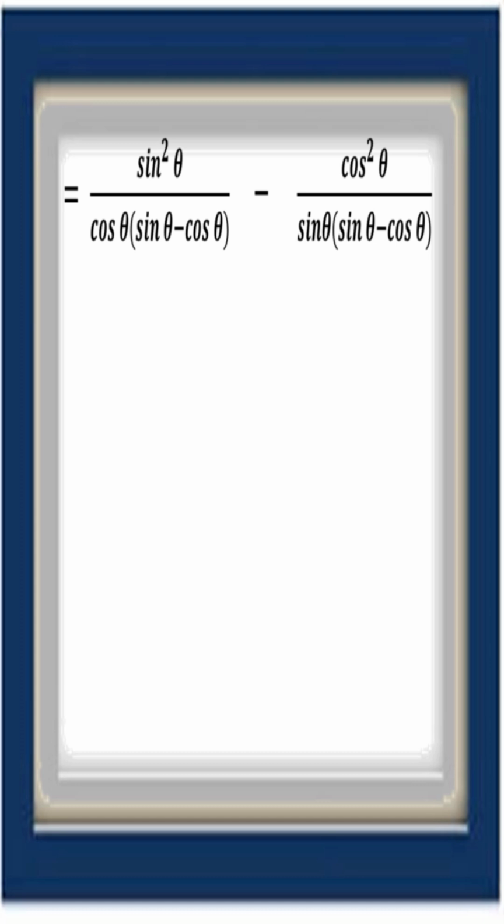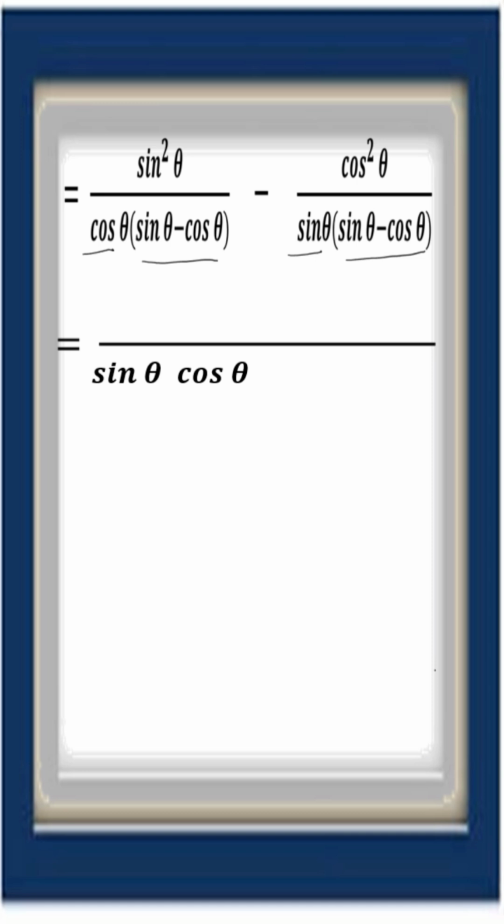Here sin theta, let us take sin theta, let us take cos theta, into sin theta cos theta. Here the same expression is there. So sin theta into cos theta into sin theta minus cos theta in the denominator.